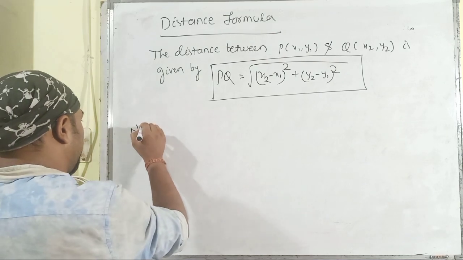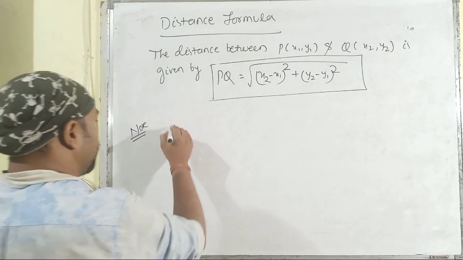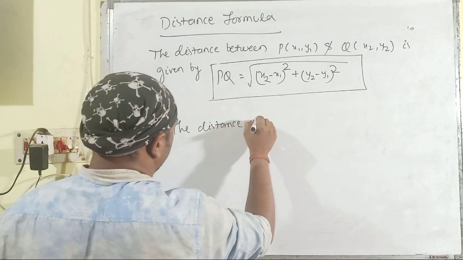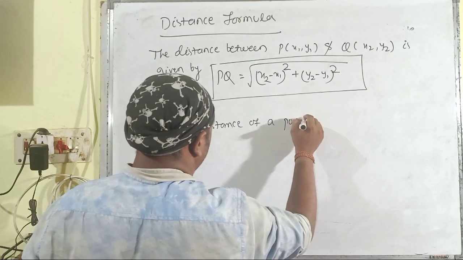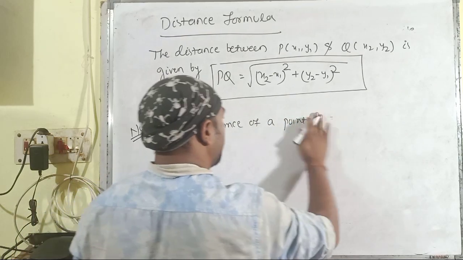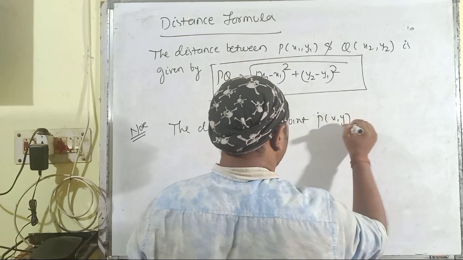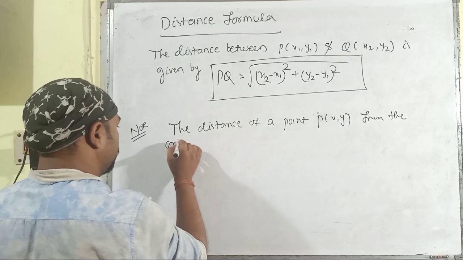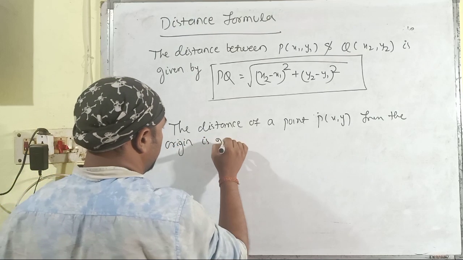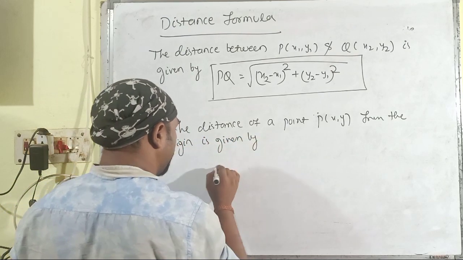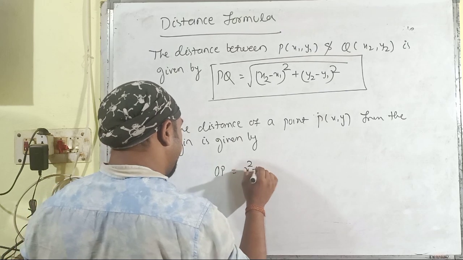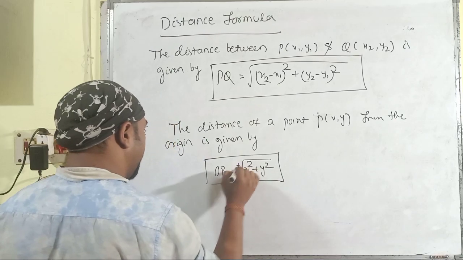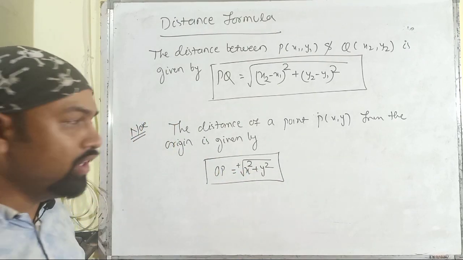Another note is there, the distance of a point P(x, y) from the origin is given by OP is equal to the square root of x square plus y square, having positive sign, because distance can never be negative.